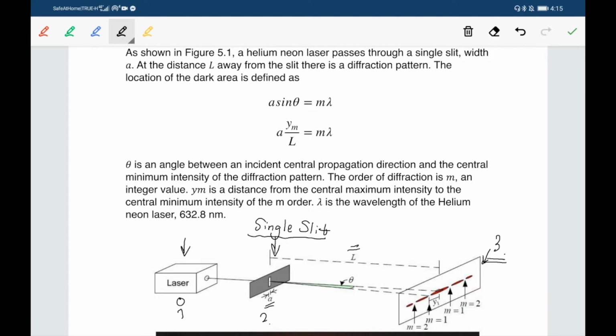The location of the dark area is defined as follows. Here is the dark area, and this is the diffraction pattern. The red one means bright fringe. This is a bright one.